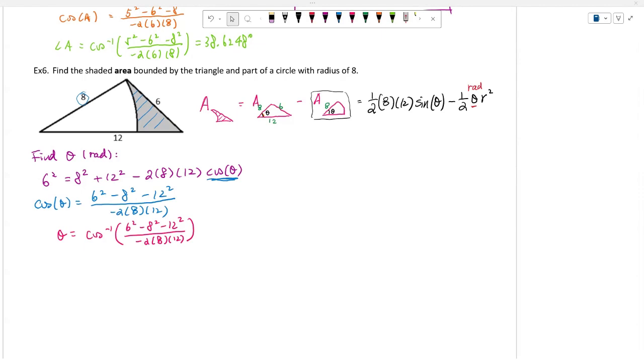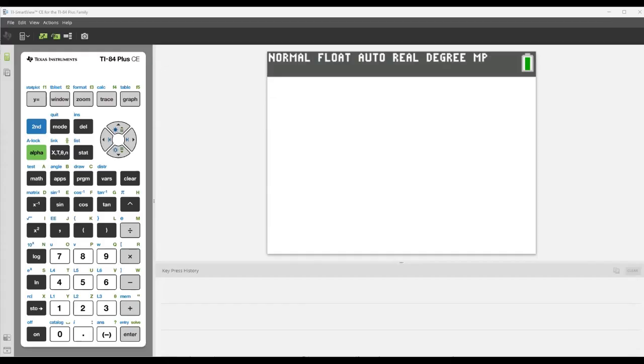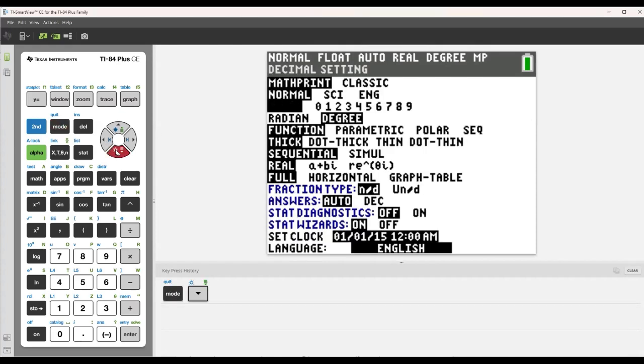Now let us go to the calculator. First, you would like to check the mode. Make sure that you set it to radian mode first.